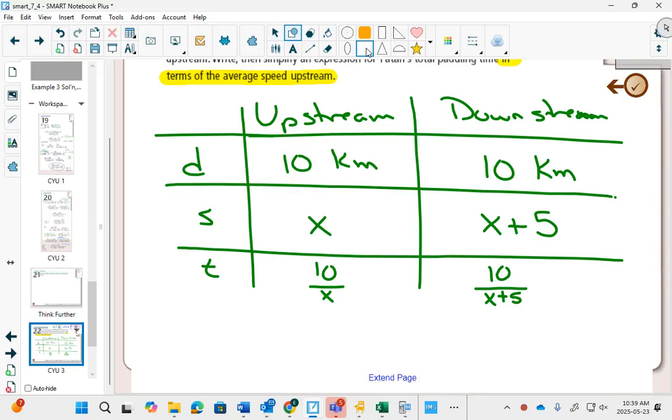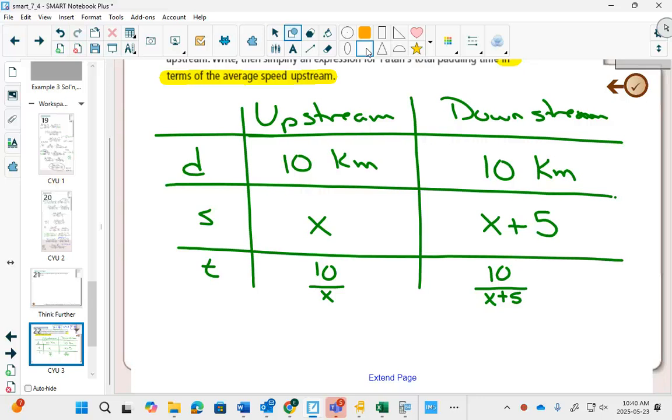So that's using the formula. In our chart, we are only allowed to introduce one variable. Otherwise, our math gets really hard. Can't solve anything. So once we decide that upstream is going to be our x, everything else we don't know has to be written in that x. I don't know my time, but I know that my time is always distance divided by speed, so I can write that.